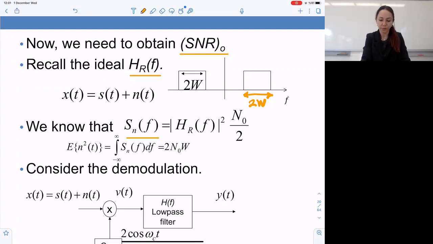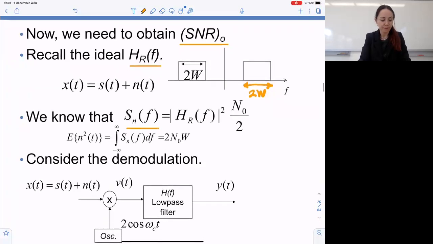How does it look? The noise is filtered by this H_R of f, and the noise has flat spectrum at N_0 over 2. Therefore, the noise PSD looks just like this shape. It's just that it is scaled by N_0 over 2.